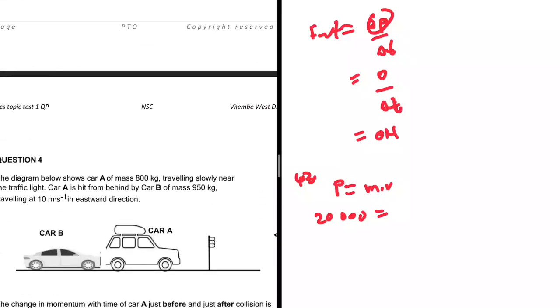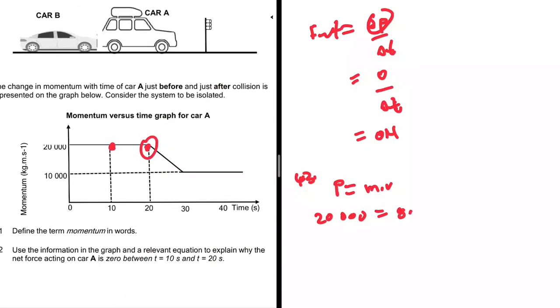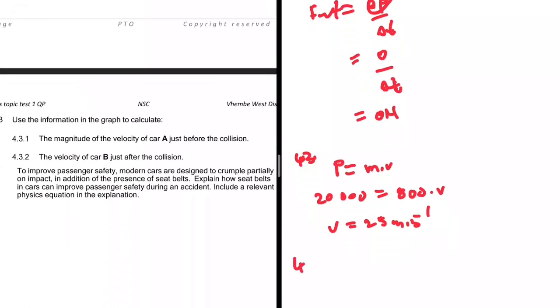The mass of car A is 800 kg. So we have 800 multiplied by the velocity, so V is equal to 25 meters per second. It says the magnitude, so we don't have to worry about the direction.